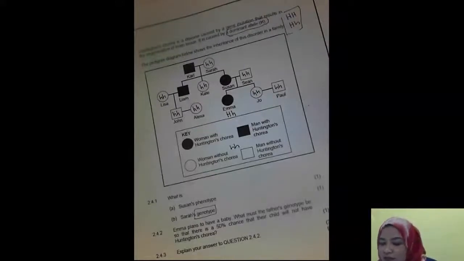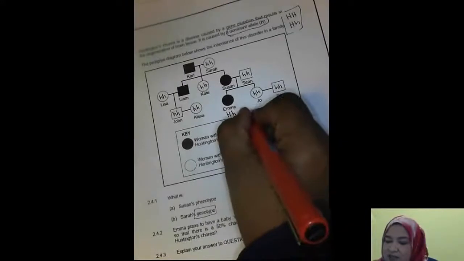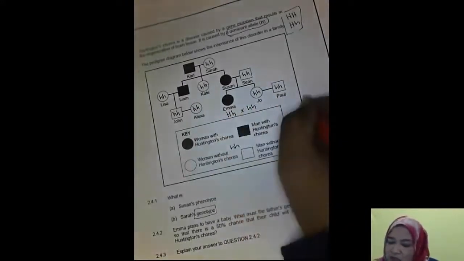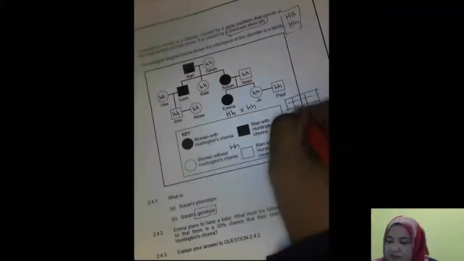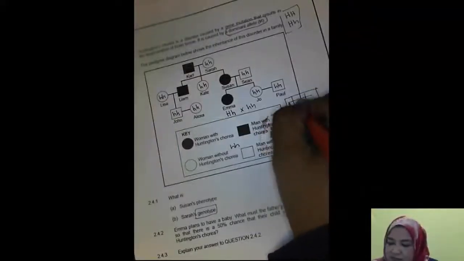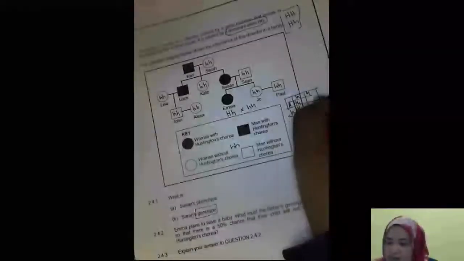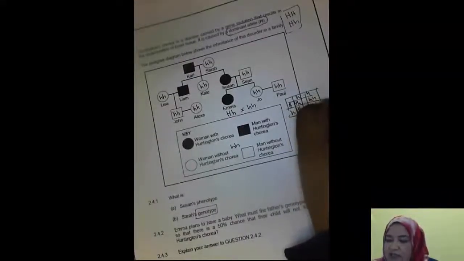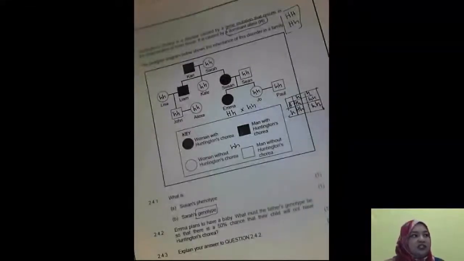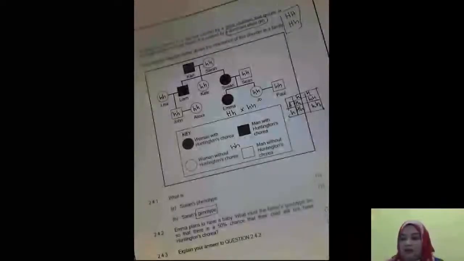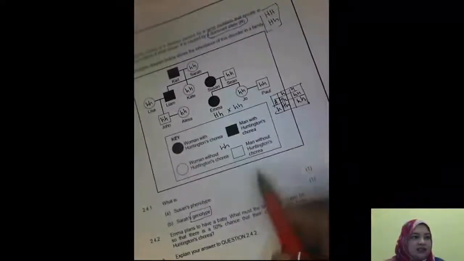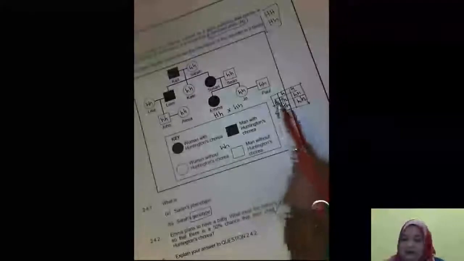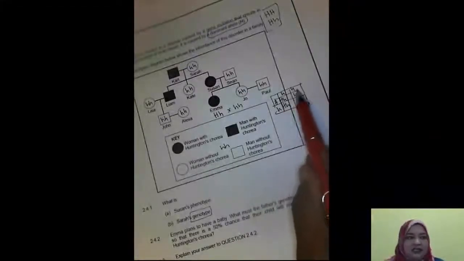So the father that she marries must be that, because if we do the cross, then we get a 50 to 50% ratio. I don't know if you can see it. Can you see it here? So, this is Emma. This is her husband.